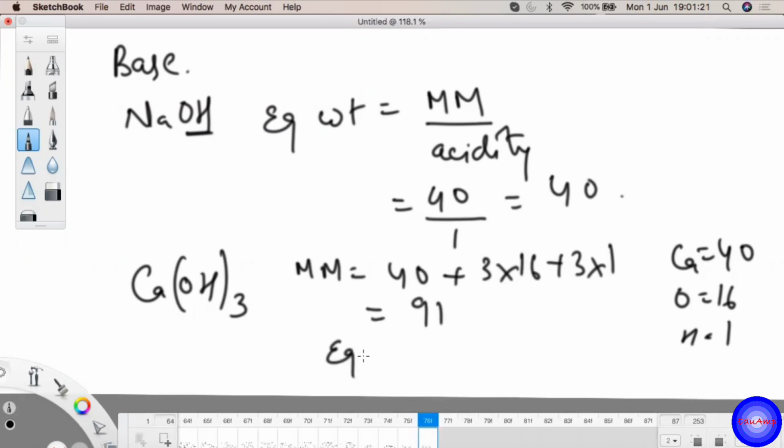Therefore, equivalent weight will be 91 divided by 3, that is 30.3. Yes, Mahesh, you're right. I hope those who didn't get the correct answer have made their corrections. Sandipani and Krishna, good. I hope you all understand how to calculate the equivalent mass of acids and bases, right? Give me a yes in the chat box if you understood.